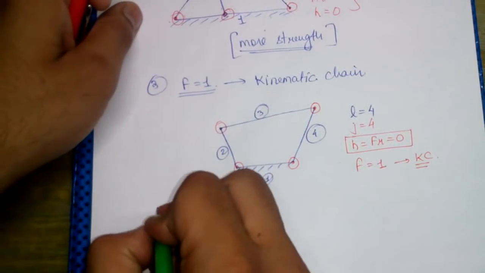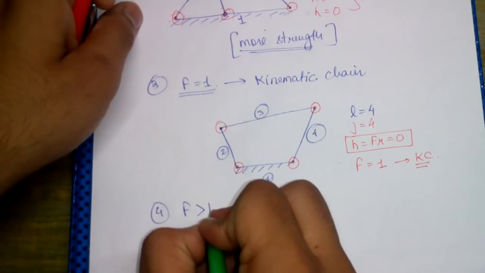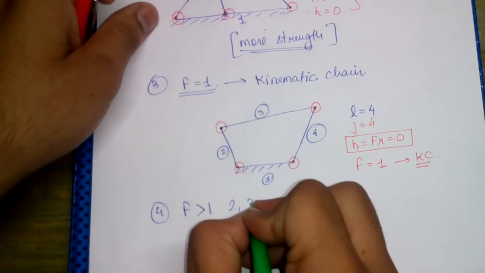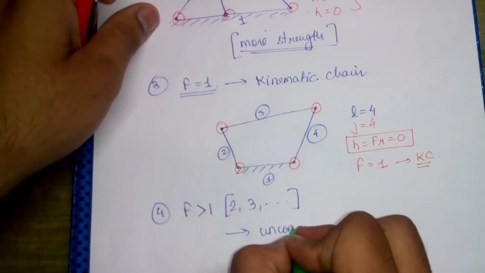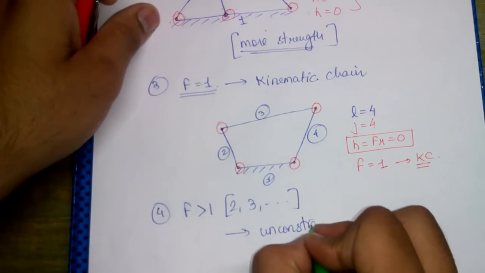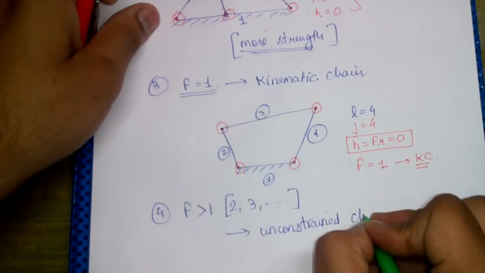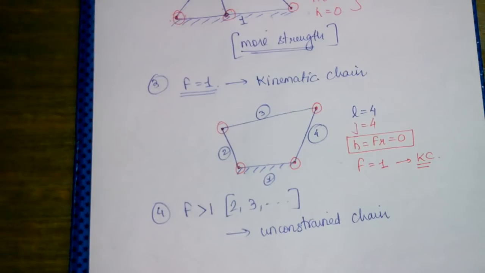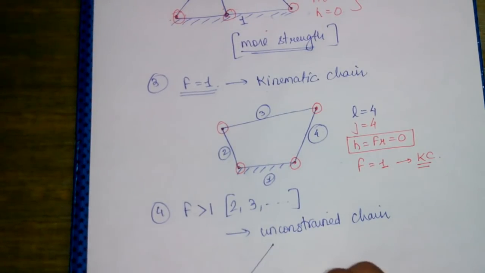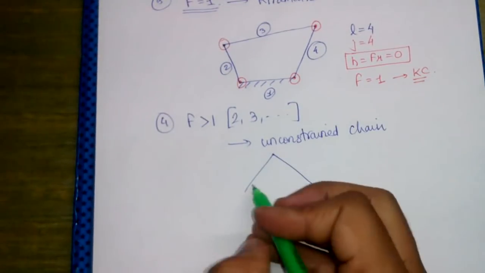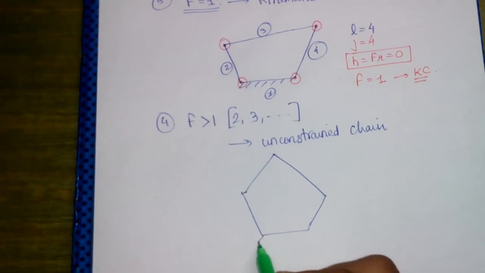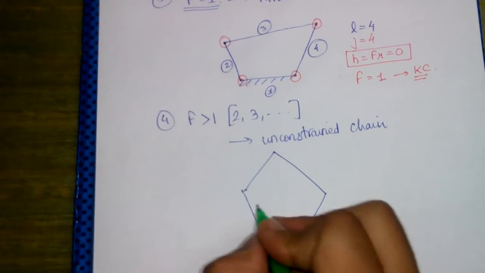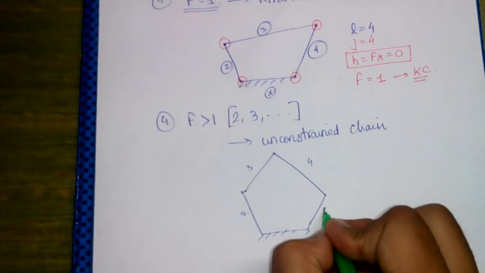The fourth case, if the degree of freedom becomes greater than 1, like 2, 3 and so on, then it is called an unconstrained chain. For example, we are considering a link in the shape of a pentagon, 1, 2, 3, 4, 5.